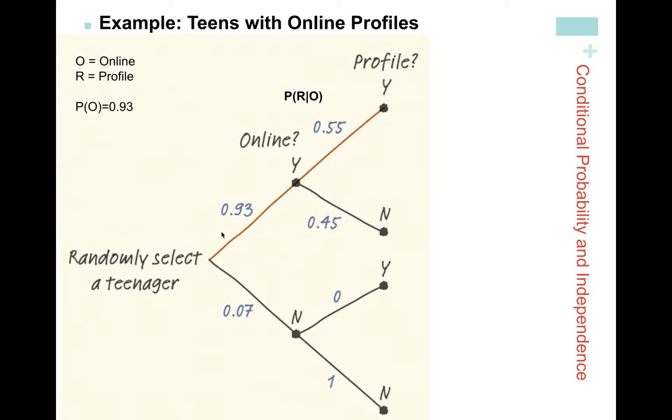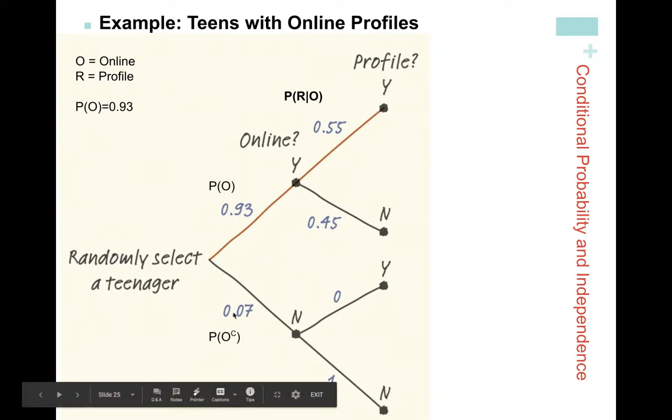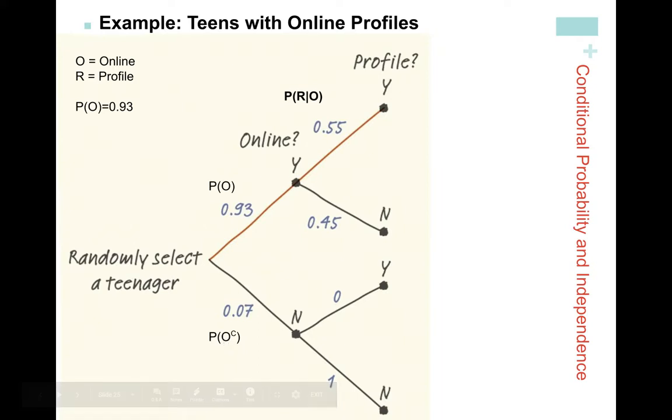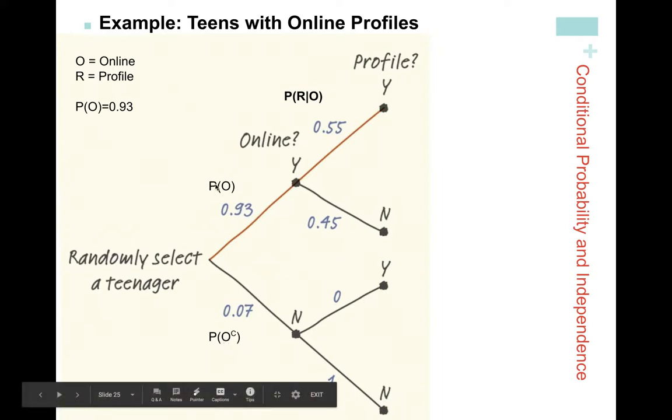So this 0.93 right here is the probability of O. And then obviously this 0.07 is the probability of the complement of O, meaning this is the probability of not online. That is equal to 0.07. Probability of O is equal to 0.93.